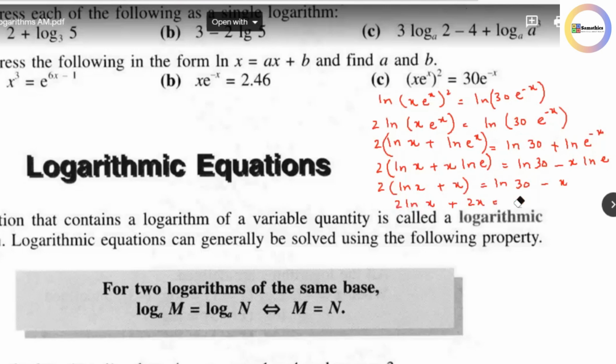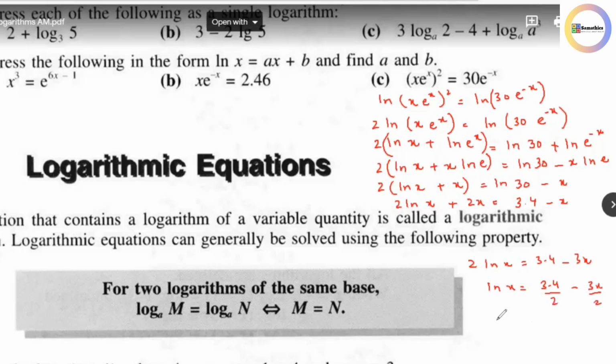So we can write here 3.4 minus x, and then 2 ln x is equal to 3.4 minus, it will go there, so it will become minus 3x, right? And then ln x is equal to 3.4 divided by 2 and 3x also divided by 2.